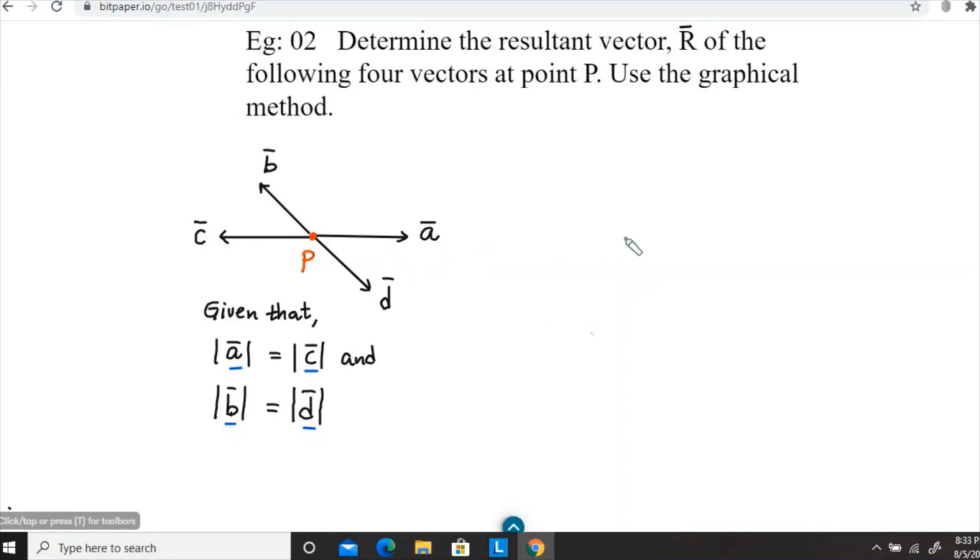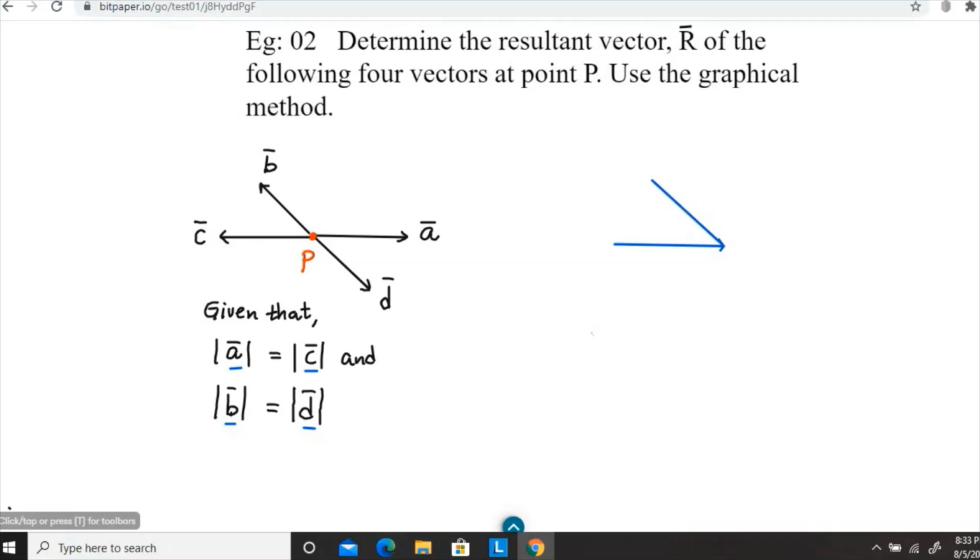I'll start with vector A. I'll slide it to a place like this. And then I'm going to connect the tail of vector B to the head of vector A. So like this.